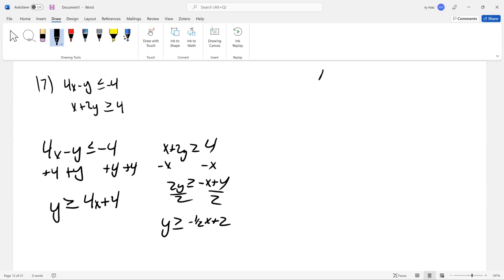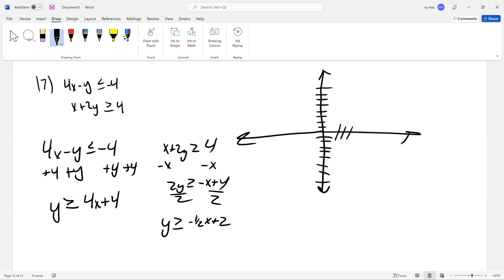All right, and throwing together a quick graph. So my first one is y is greater than or equal to 4x plus 4.